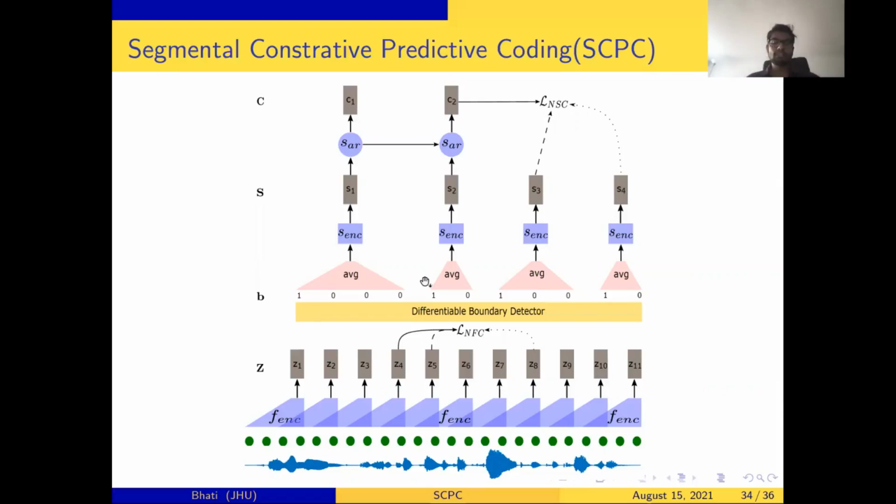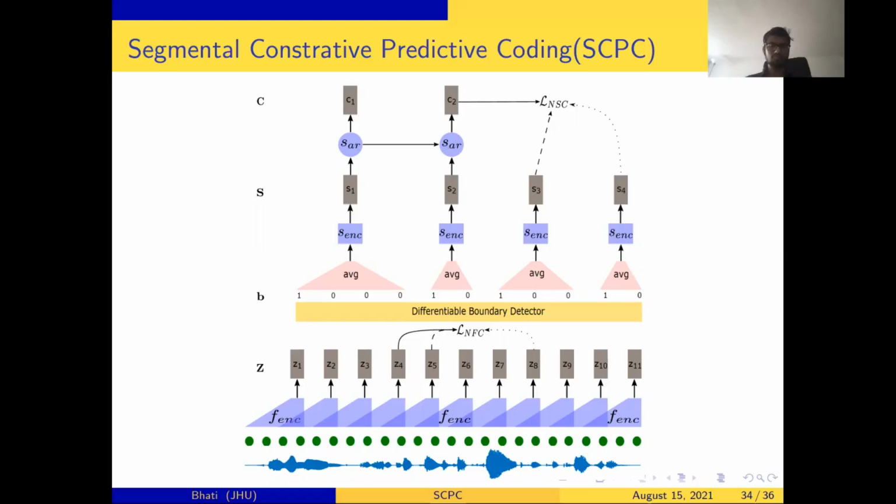So if you look at the bottom of the architecture, it essentially is trying to focus at the frame level details, or the frame level information. If we look at the top, the architecture is essentially trying to focus at the segment level details, and the boundary detector is essentially the glue that connects the frame level information and the segment level representations.